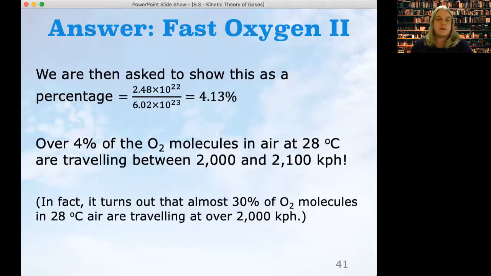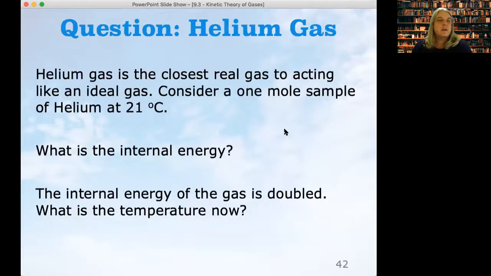And it turns out that almost 30% of them are traveling over 2,000 kilometers an hour. So very fast, but obviously they're so tiny that the force they impart, the impulse we get from them bouncing off us, is actually not that great. But of course, that is where atmospheric pressure comes from, the nitrogen and oxygen and all the other gases in the air, all the other particles bouncing into us constantly at these high speeds.